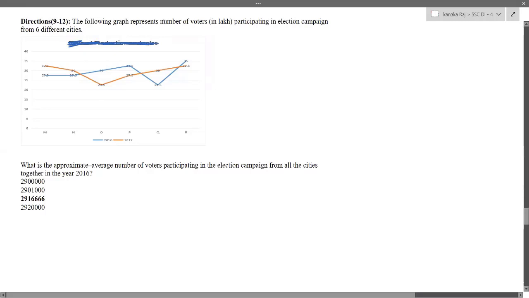The following graph represents the number of voters, in lakhs. So this 5 means 5 lakh voters, 10 means 10 lakh voters, who are participating in election campaign from 6 different cities: M, N, O, P, Q, R.